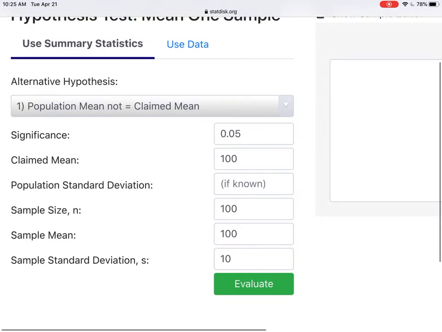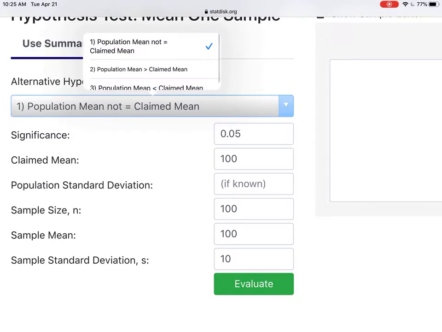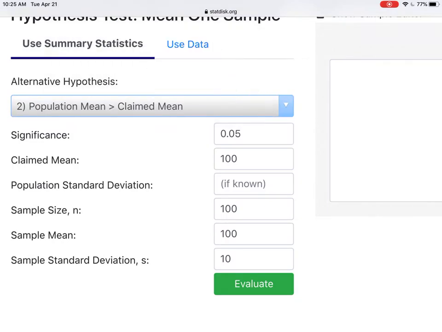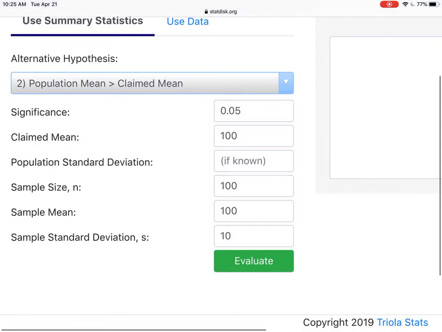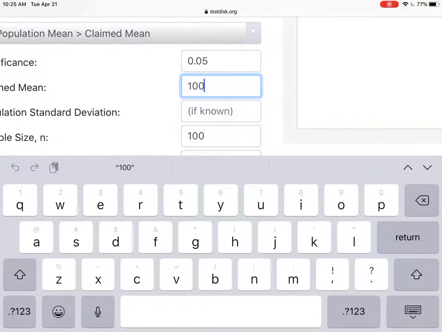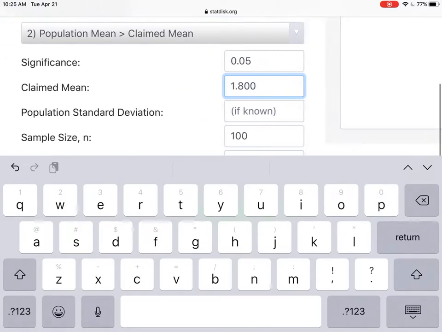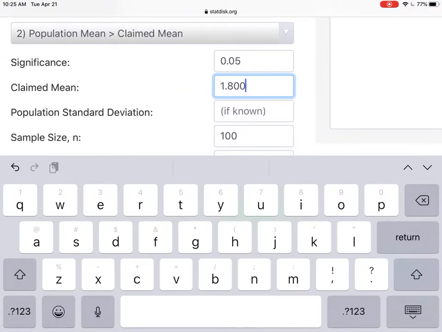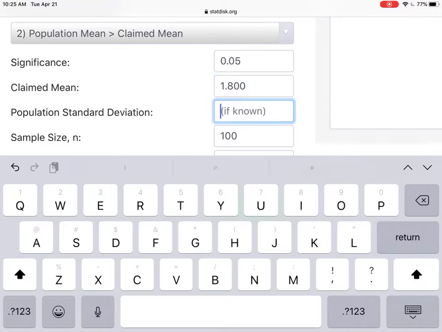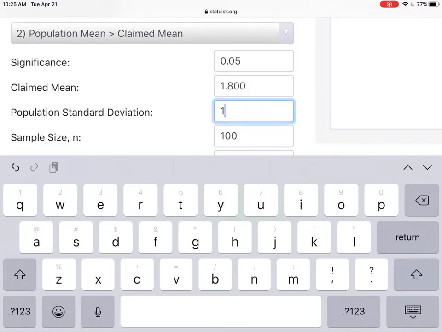Our alternative hypothesis is that the population mean is actually greater than 1.800, so its population mean is greater than a claimed value. Our significance level is 0.05. The claimed mean, that comes from our null hypothesis. And so the null hypothesis is that the mean is equal to 1.800. Population standard deviation, we do have this here.